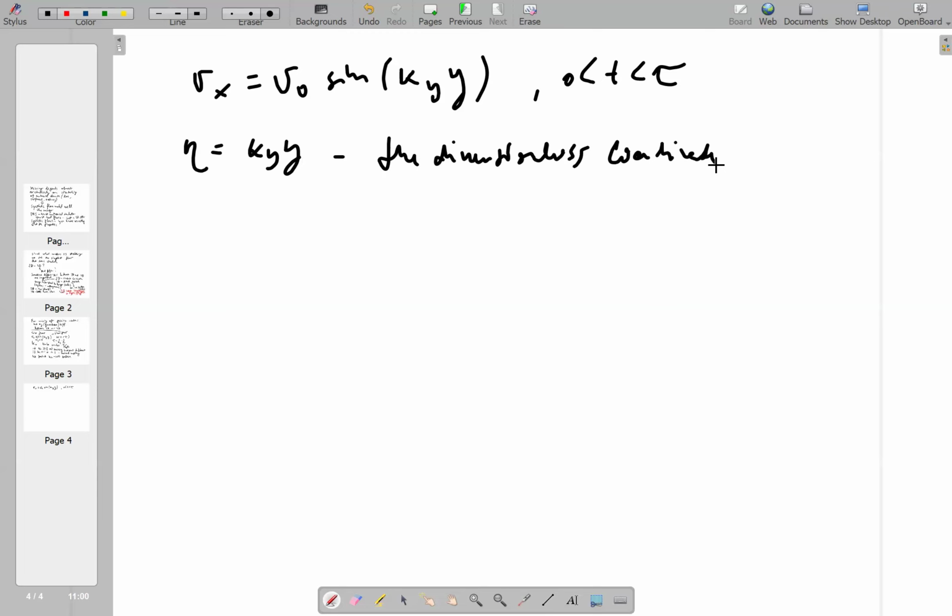And then what about the velocity? Our time needs to be also dimensionless. If the coordinate and time are both dimensionless, then velocity must also be dimensionless. In that case, Vx divided by V naught is our new velocity. Let us denote it by nu. This is the dimensionless velocity.